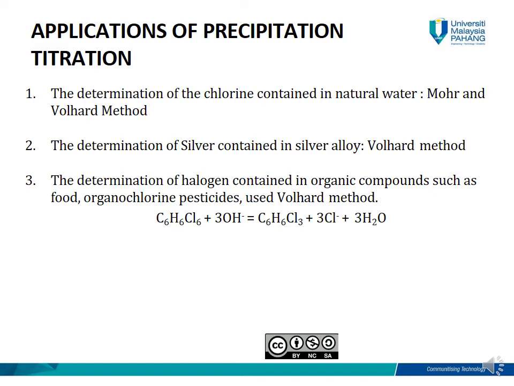The third one is determination of halogen content in organic compounds such as food and organochlorine pesticides. They use the Volhard method. This is just an example of a chemical reaction.